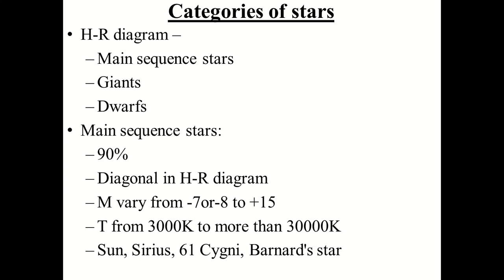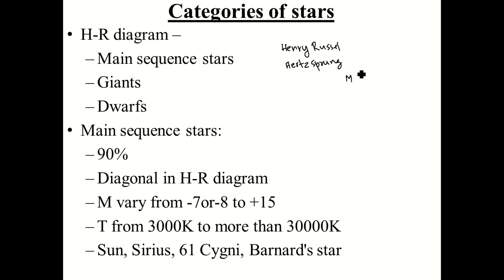Henry Russell, an astronomer from the US, and Hertzsprung of Denmark made a plot of absolute magnitude versus temperature, which is called the HR diagram.